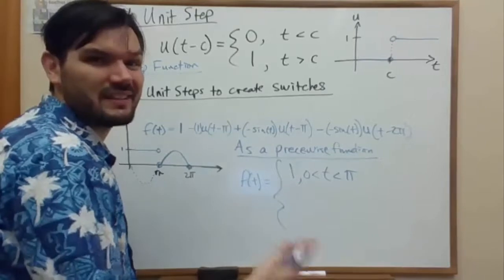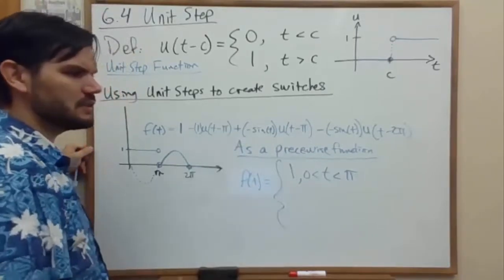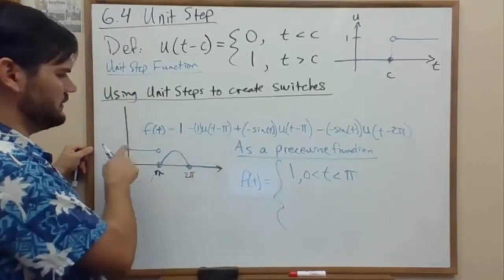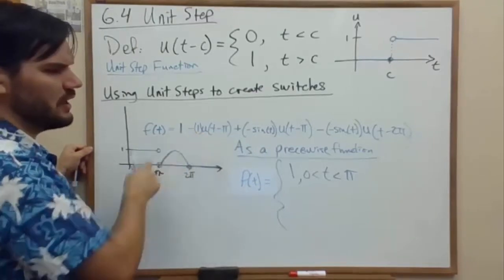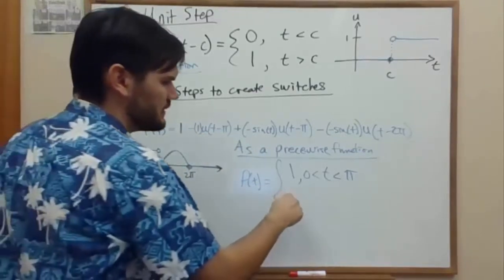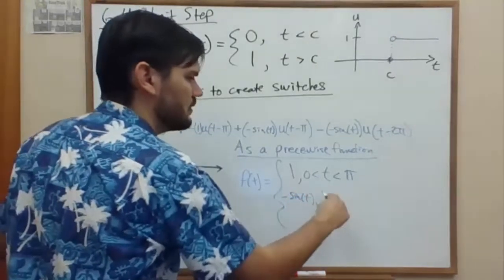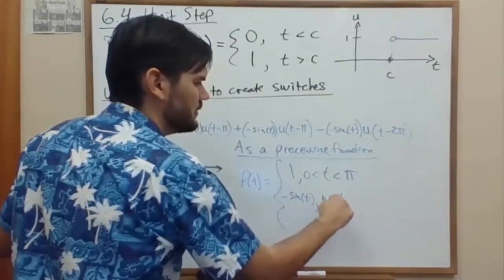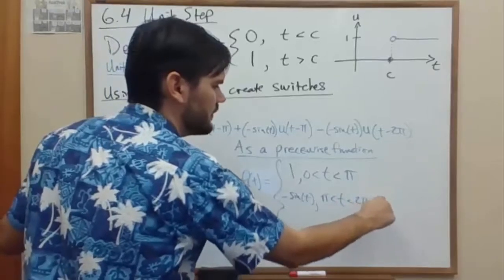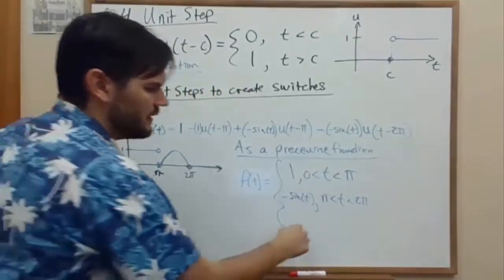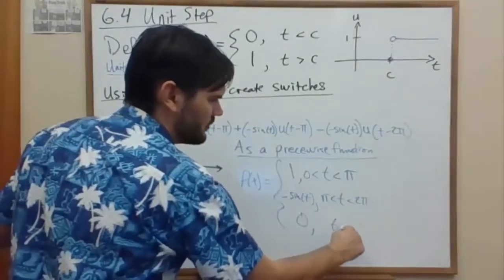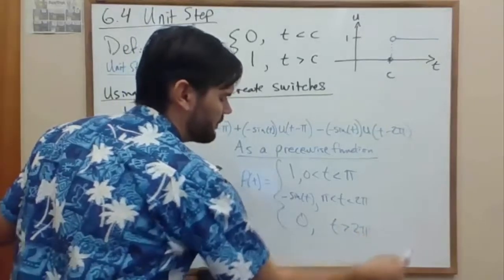The Laplace transform can't deal with it. So let's just say from 0 up to pi, the function is 1, and then it's turned off. And what's turned on is a minus sine of t for t between pi and 2 pi, and then 0 for t greater than 2 pi.